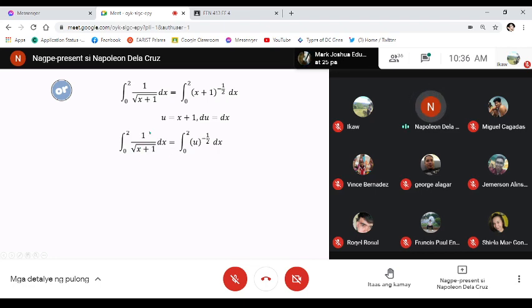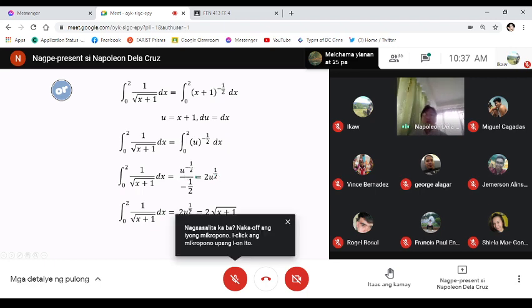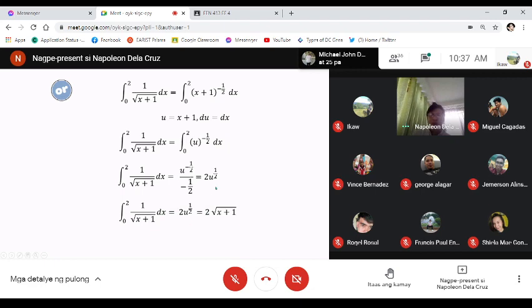Then integrate, that will be the equation u to the negative 1/2. So that will be now u to the negative 1/2 and so on and so forth. So you have now here 2 u to the 1/2, excuse me, and then evaluate further, this will yield 2 u to the 1/2, which is the same as 2 square root of x plus 1.